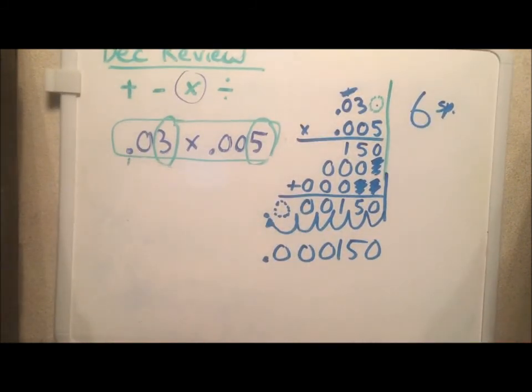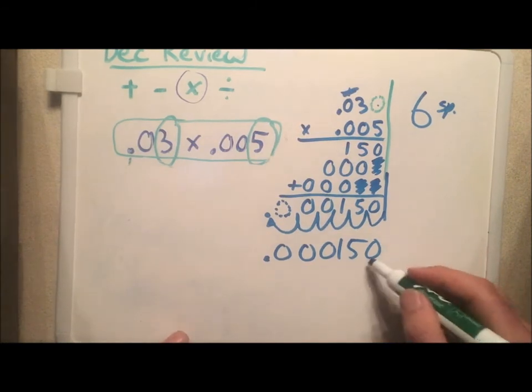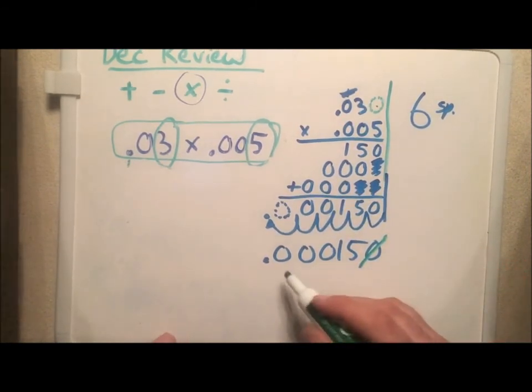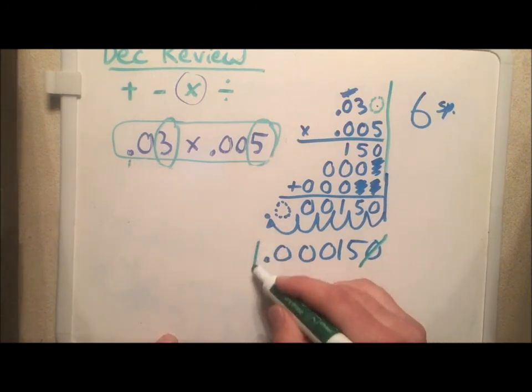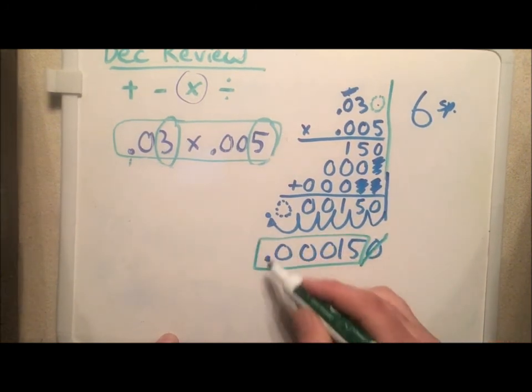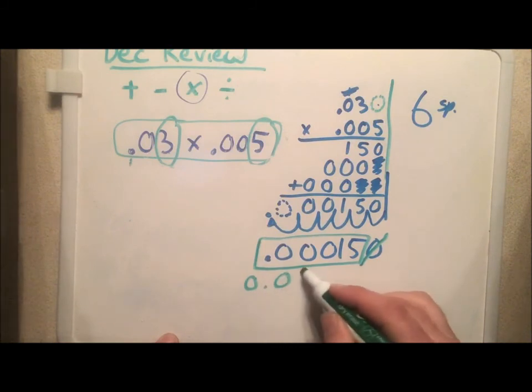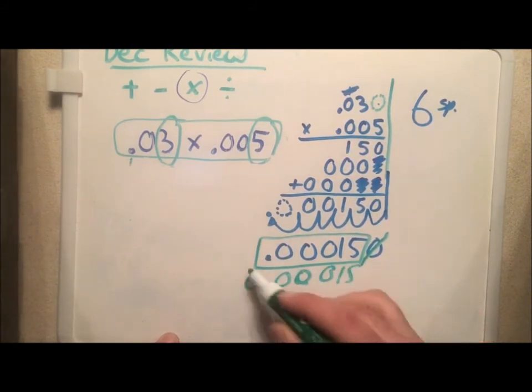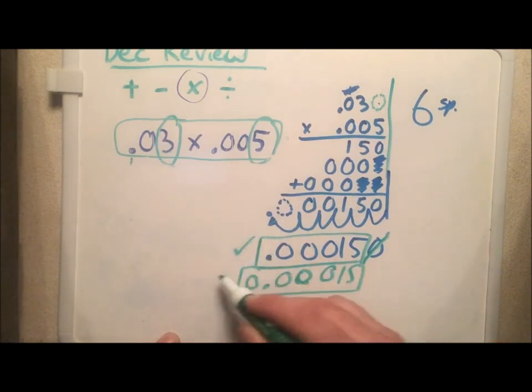And now we also recognize that we don't need to show this. That's an unnecessary 0. Well, these 3 are very necessary zeros, so there is your answer, or also known as 0.00015 as well.